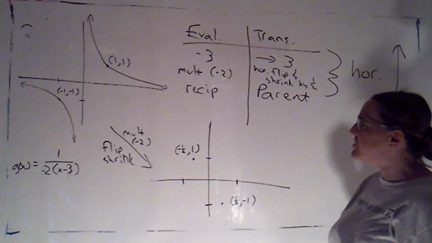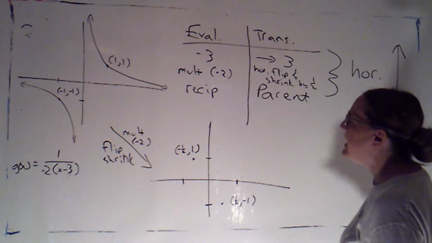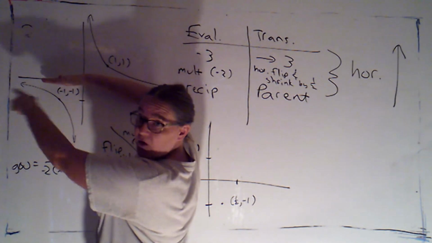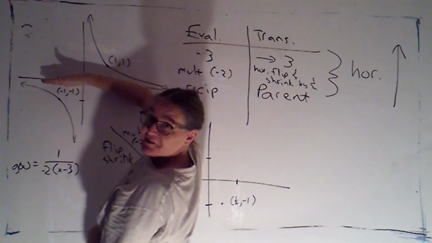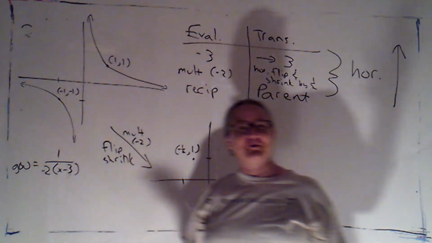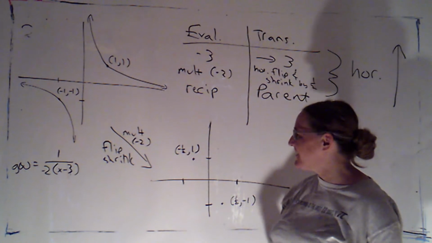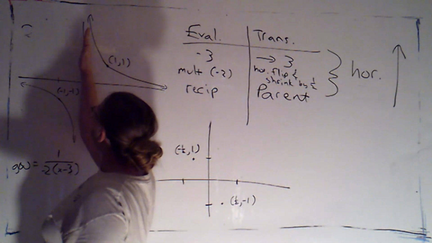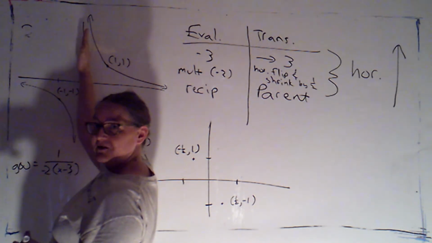Let's see if this changed our asymptotes at all. Okay, so here, this was a horizontal line. Its equation was y equals 0. I'm not changing my y values. I'm doing horizontal changes. That's changing x values. So the horizontal asymptote is still on the x-axis. Here, the equation I've got is x is equal to 0.